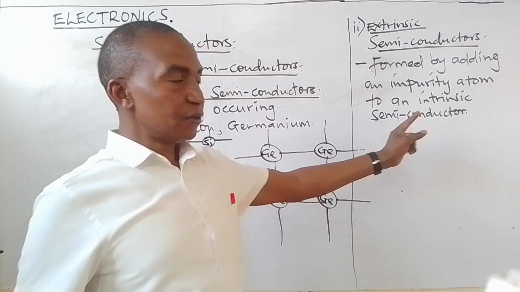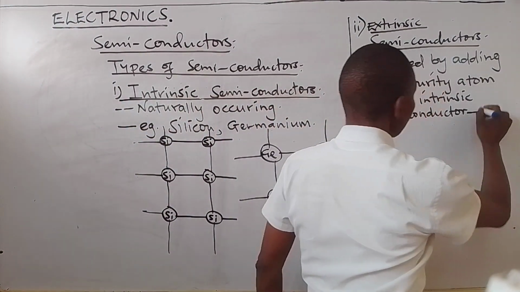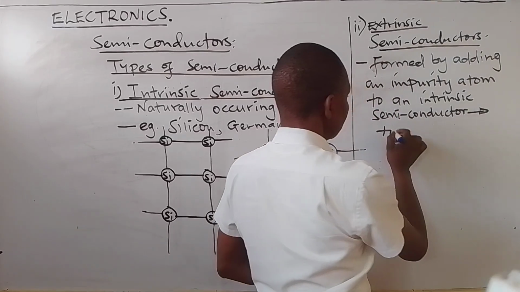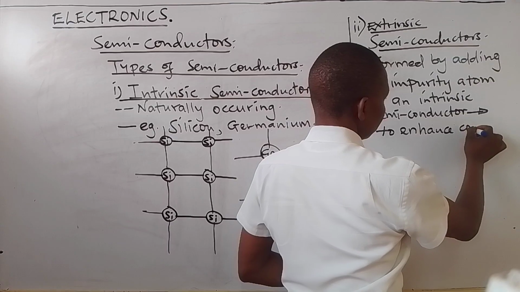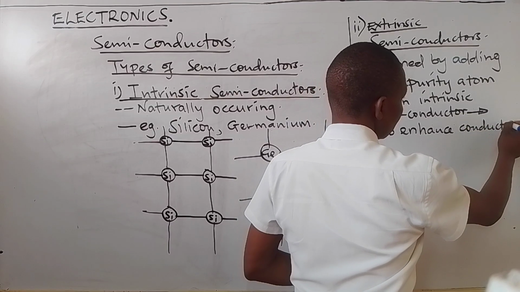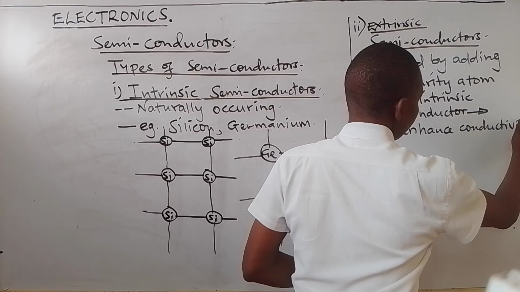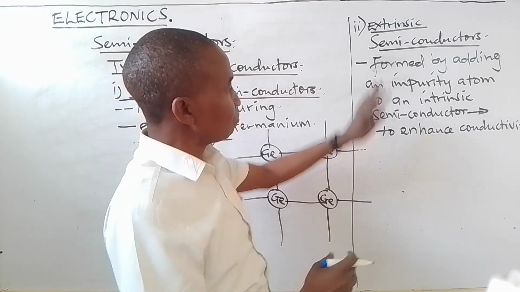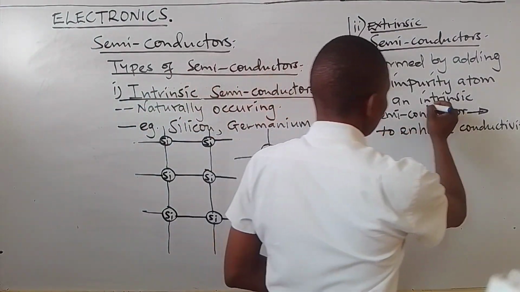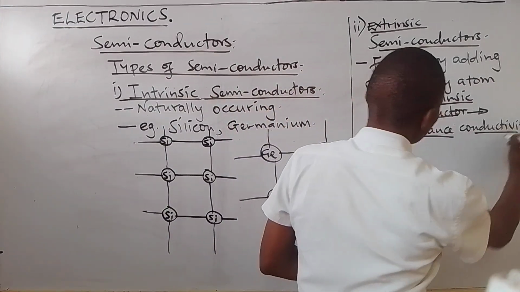And the reason for adding this impurity atom is in order to enhance conductivity. To enhance conductivity means to make it conduct even better. So we add an impurity atom to an intrinsic semiconductor to enhance its conductivity.